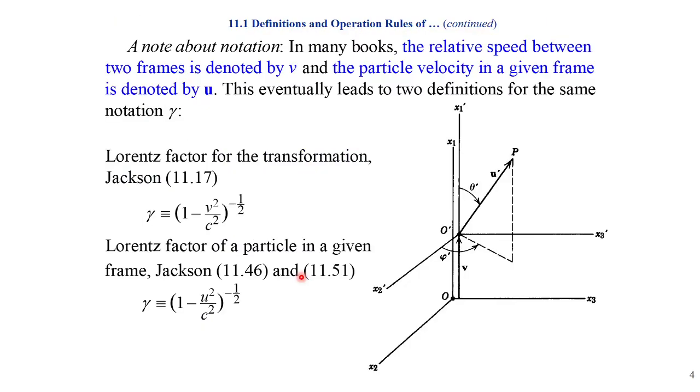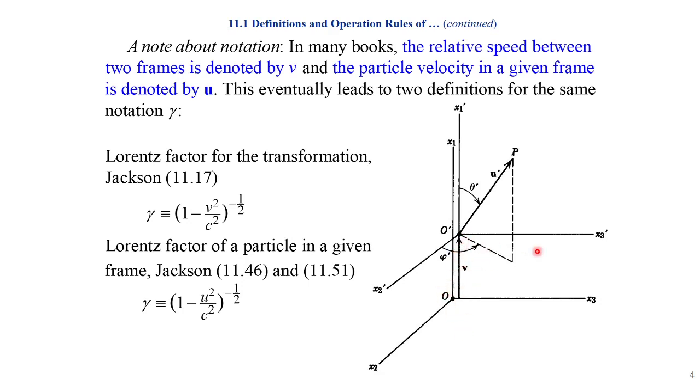If we consider this as the rest frame, the coordinates here can be expressed as this, this, this, and this. On the other hand, if we consider this one as the rest frame, this one will move in the opposite direction, minus v.